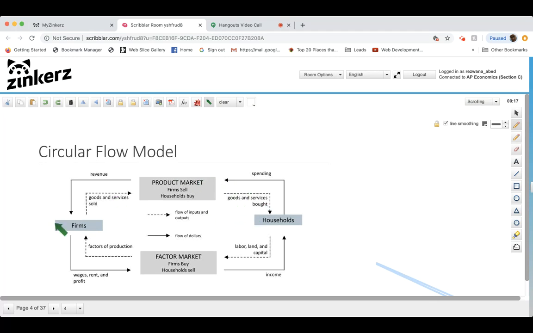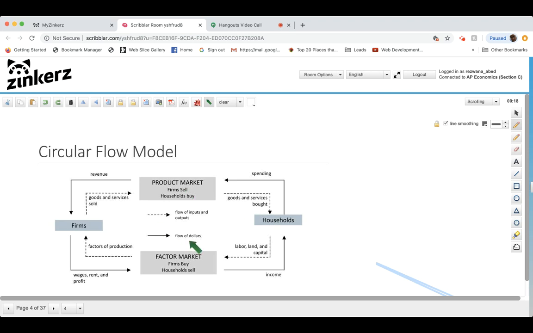So firms and households are the two entities in the circular flow model. Basically what the circular flow model shows us is how inputs and outputs flow in the economy, and also how money flows in the economy. As you see, there are two different sets of arrows. One set of arrows is dashed, and the dashed arrows show how inputs and outputs travel from one market to another, and from one entity to another in the economy.